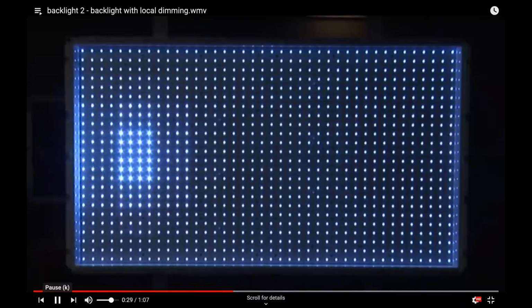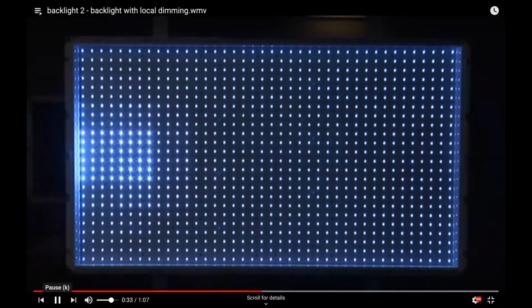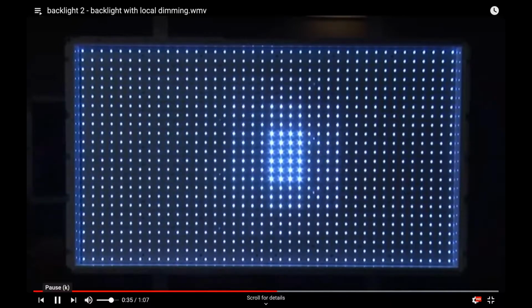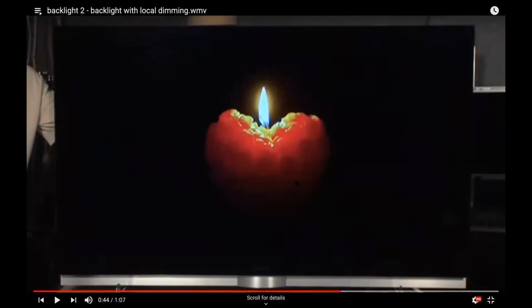This is behind every LCD panel, every laptop probably, unless it's OLED. We'll talk about that in a bit. And there's the image again, okay? So that's what's going on behind the picture. So here's another image, not moving. And there's the backlight. So understand that if that light wasn't on, there'd be no picture, because that light is what's making this image happen.